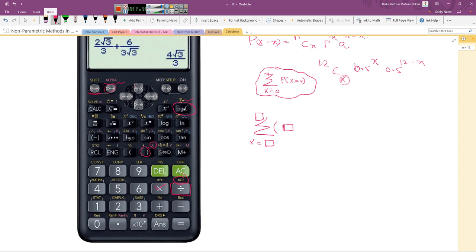Now here, 0.5 power, this button, power. Now we have to put x here again, so if you want to type x here, alpha and close bracket, and again you have to press this to bring the cursor to the primary line.